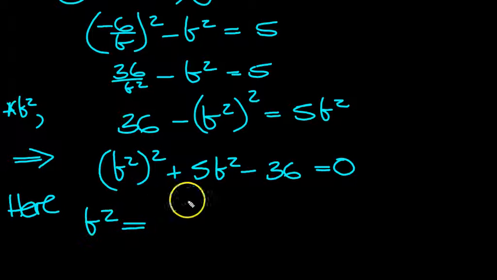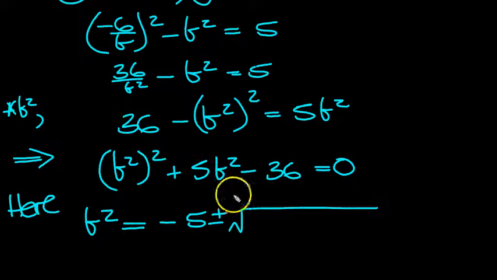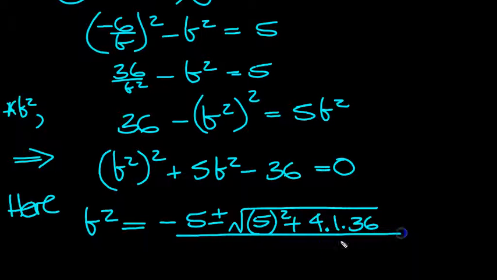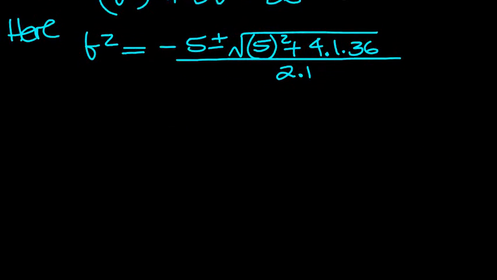So we can use the quadratic formula. b squared is equal to minus the middle term, plus or minus the square root of the middle term squared, minus 4 times a, the first term, which is 1, times c, which is a minus, making that a plus, and that's 36, all over 2a, which is 2 lots of 1. So let's see what b squared is.